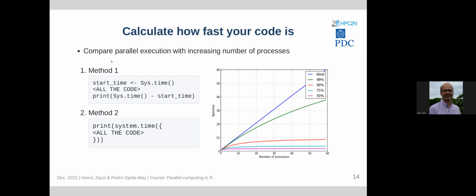Method one is that you use a variable to record your starting time, which is the Sys.time. Then you write all your code here. And then afterward you print Sys.time minus the start time, and you'll get exactly how much time has passed between those two occasions.